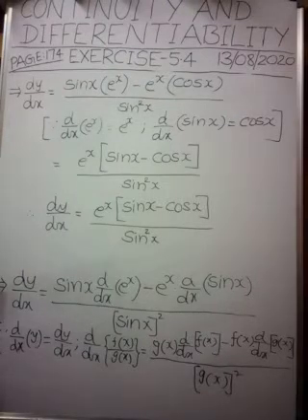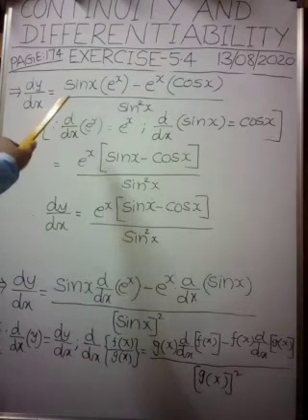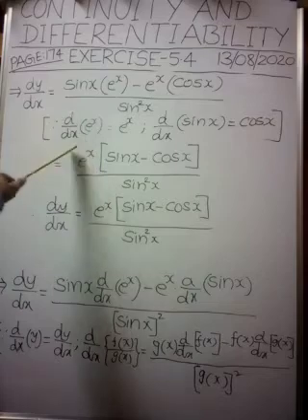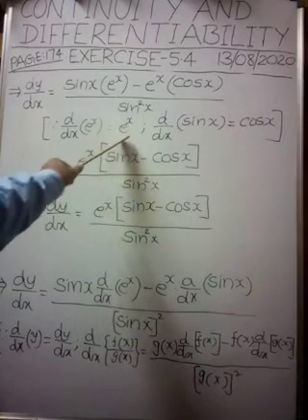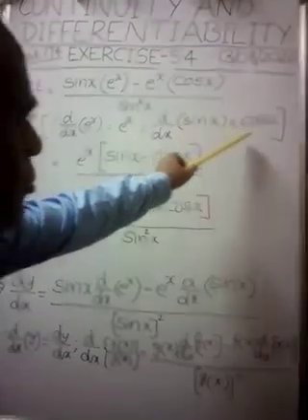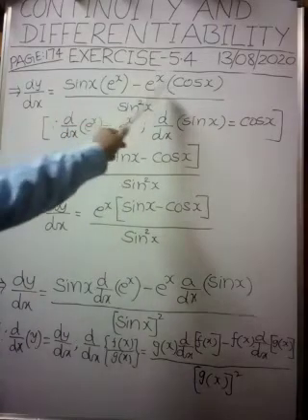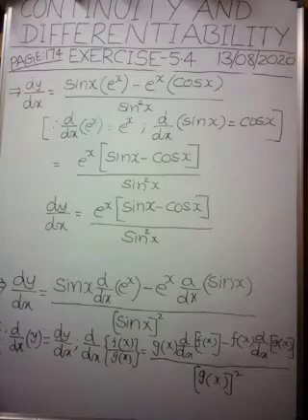So here I wrote the formulas I used: d by dx of e power x is equal to e power x, and d by dx of sin x is equal to cos x. I used these two formulas in this step. From these two terms in the numerator, if you observe, e power x is the common factor.